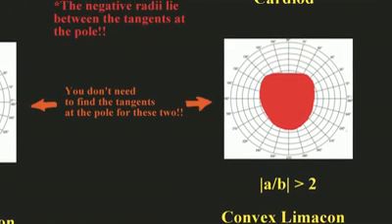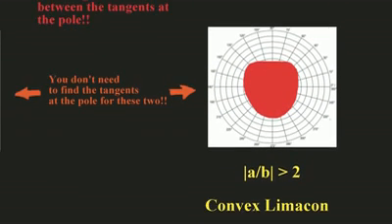And then here we have convex limacon. Actually, that should be greater than or equal to 2 right there. Sorry about that. And again, because we never go back to the pole or the center, don't need to set it equal to 0, just do your table.